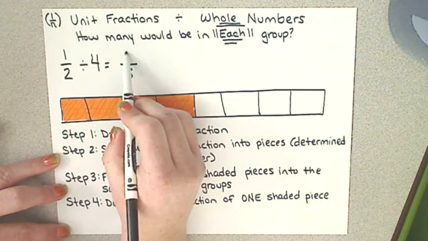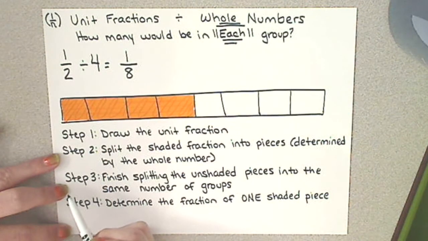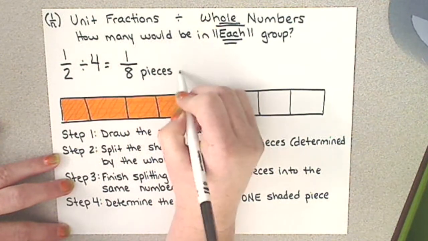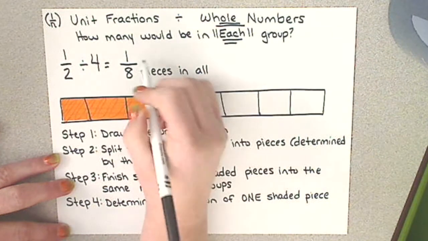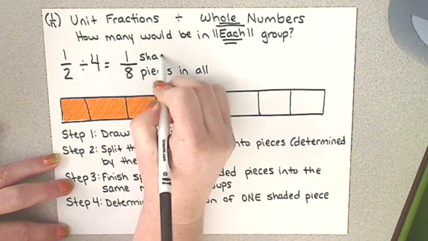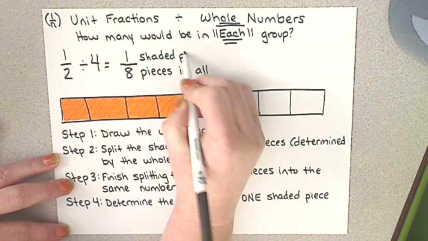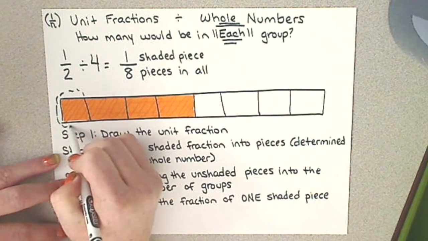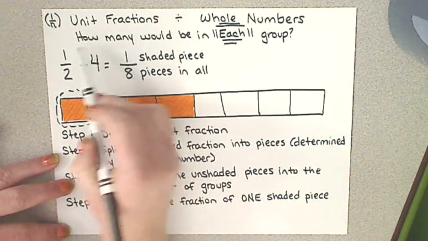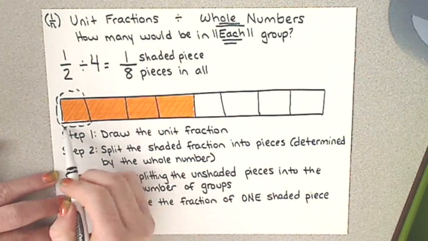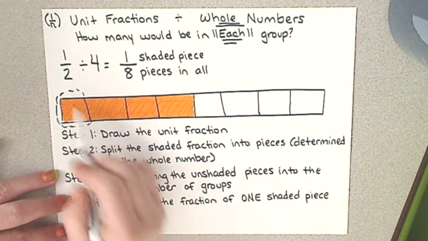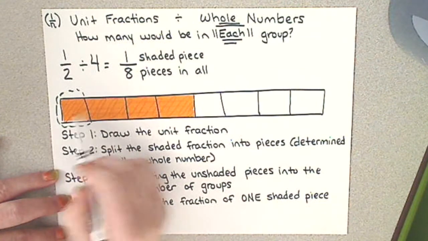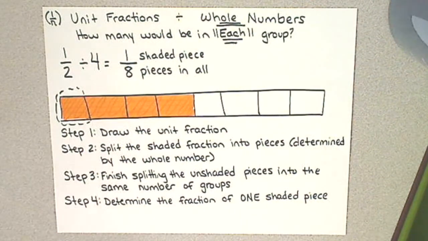One shaded piece would be 1/8. Okay. So 8 pieces in all and one shaded piece. Because it's only asking us to determine how many would be in each group. This would be one group. We have 8 groups, so 1/2 divided by 4 would be 1/8. Okay.